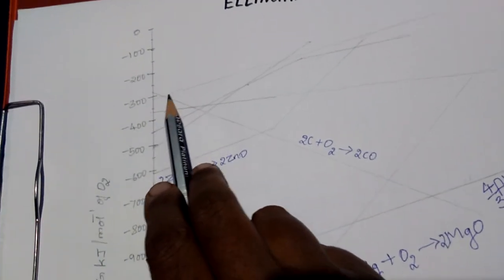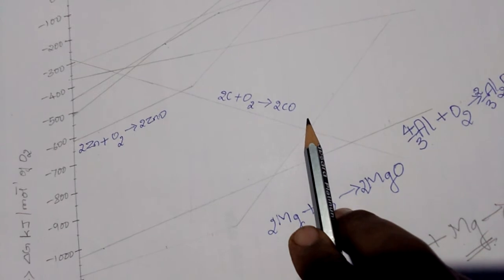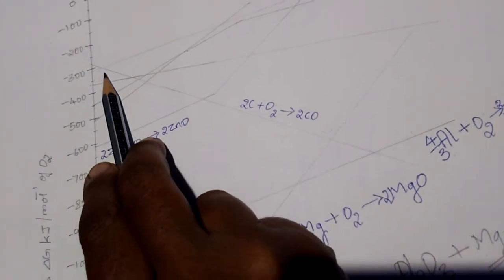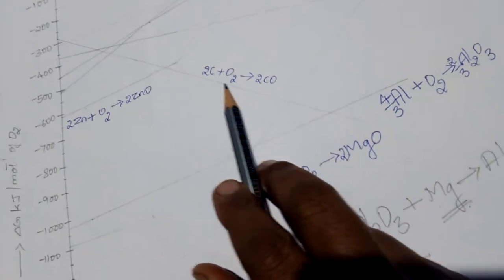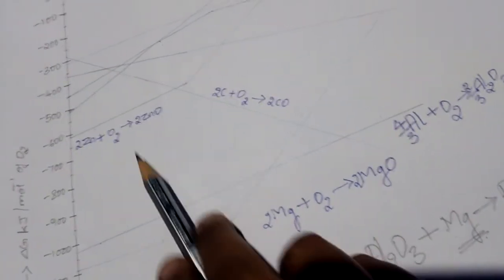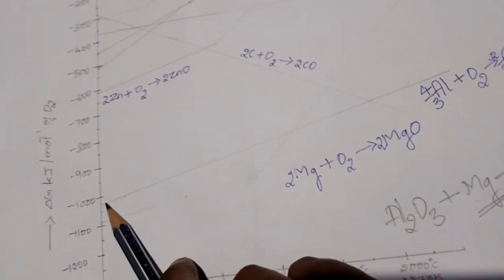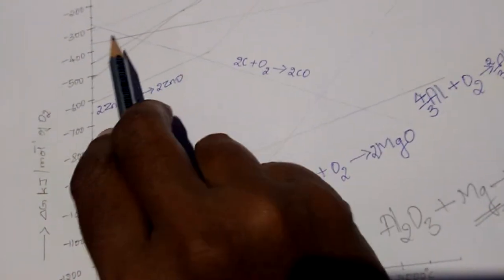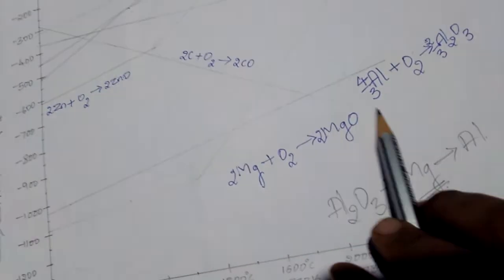So there is one more line, see this: 2 carbon plus oxygen giving 2 carbon monoxide, right? For all these lines, as the temperature is increasing, delta G values go on decreasing, but for this one delta G is going on increasing.